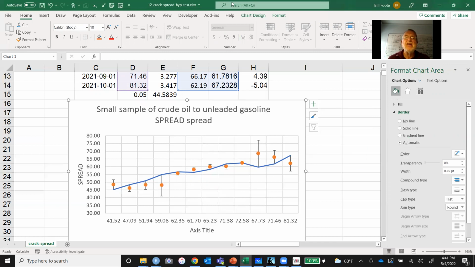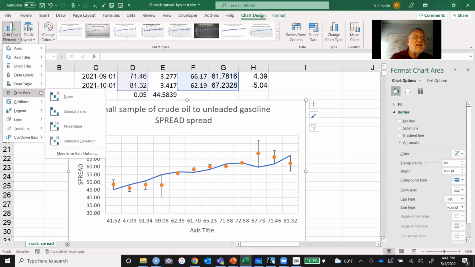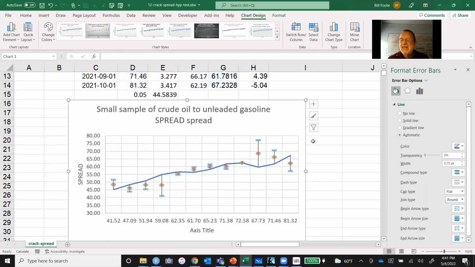I can go up here. One of these will work. This has changed a tad over the past couple of years. Option. There we go. Error bar options over here for different types.